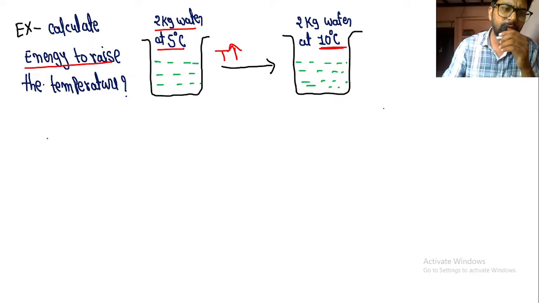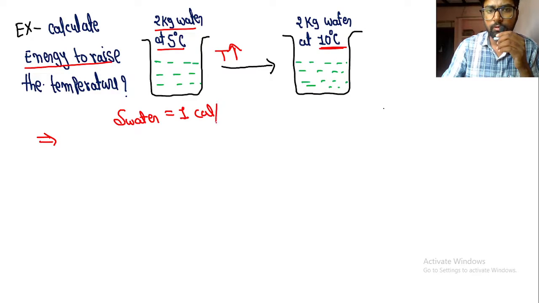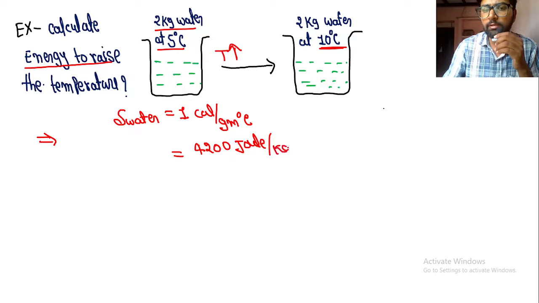The specific heat of water is 1 calorie per gram per degree Celsius; by the conversion, 4200 joule per kg per degree Celsius.